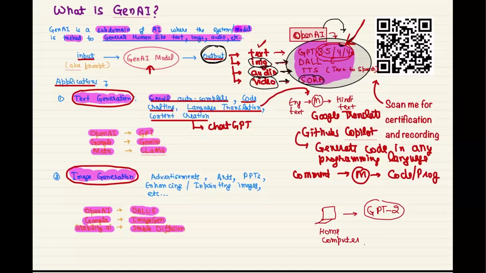I'm talking about the models which were built earlier by them, like the GPT-2 model. What do you need in order to build this model? Do you agree you need lots and lots of data, right? You know how much time it will take to create a model like a GPT model?